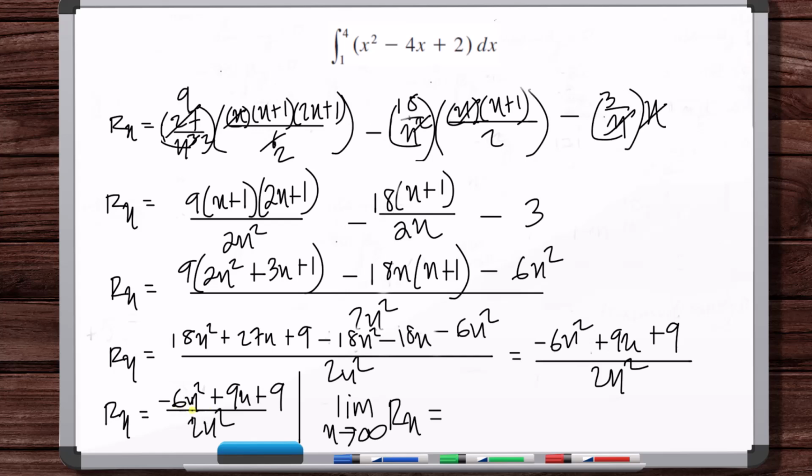So in that case, you just look at the coefficients of the highest order term. So it's going to be minus 6 divided by 2. This is going to be minus 3. That's this limit. The limit as n approaches infinity of this is minus 3. And so that's the integral.